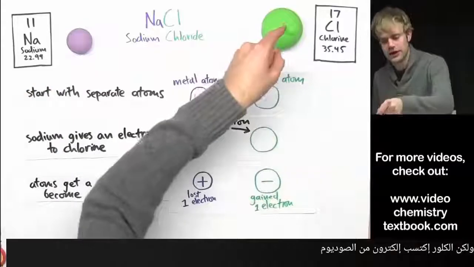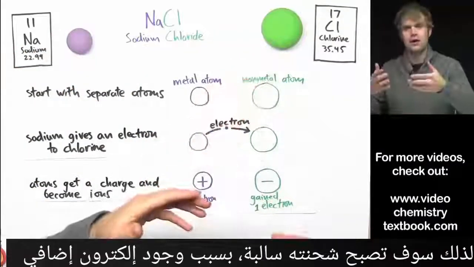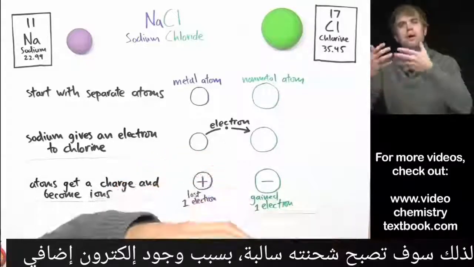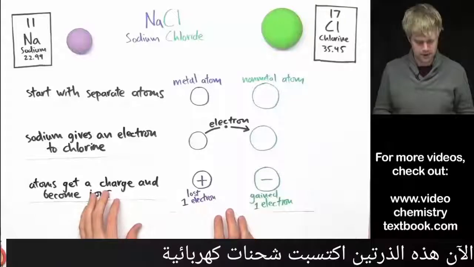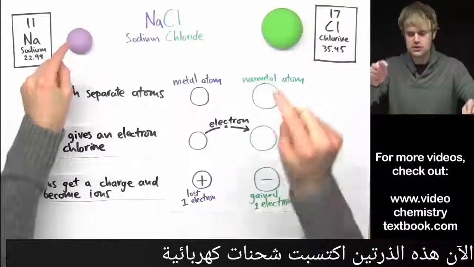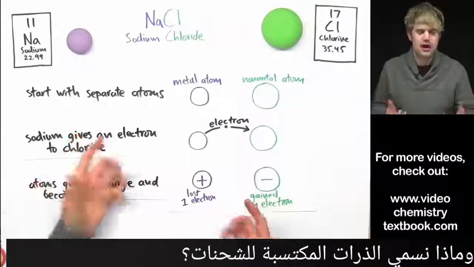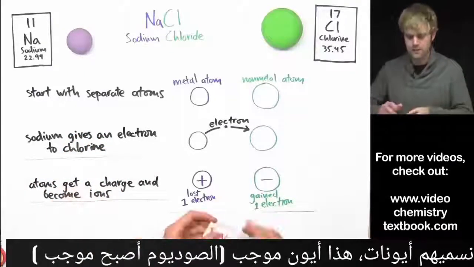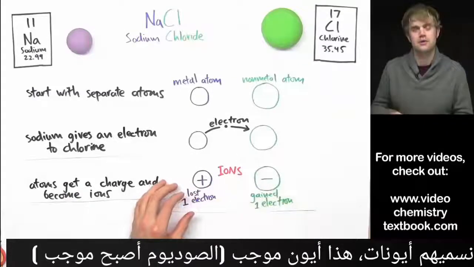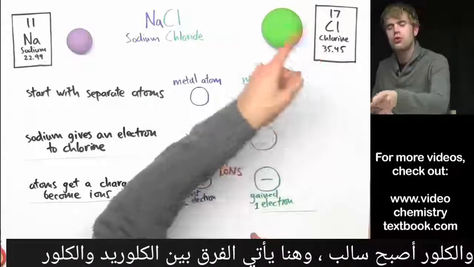But chlorine gained one of the electrons from sodium, so it's going to become negative. It's going to get a negative charge because of that extra electron. So now, these two atoms take on electrical charges. And what do we call atoms that have charges? We call them ions. This one's a positive ion, sodium becomes positive, chlorine becomes negative.